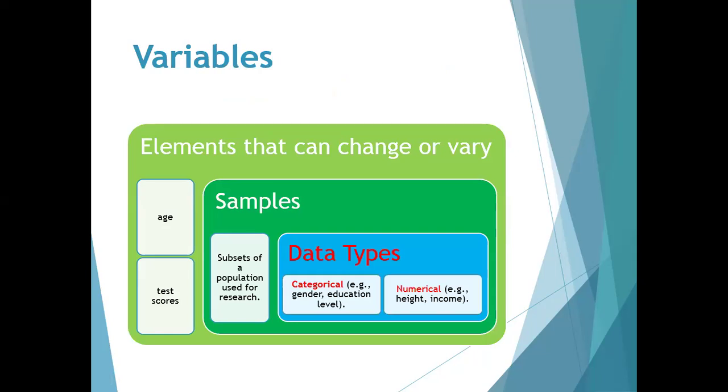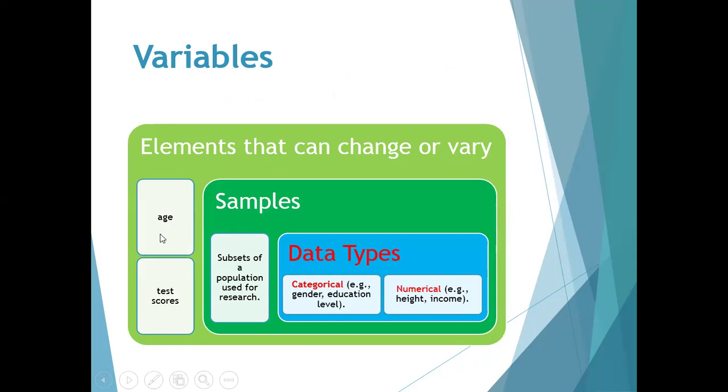Okay, what are the variables that you use to measure, okay? To do your surveys or questionnaires, okay? For example, in the variables, you can find elements that can change or vary.